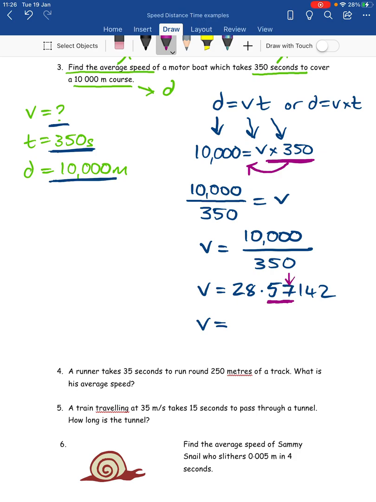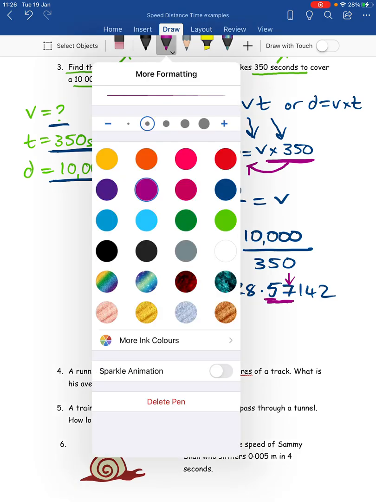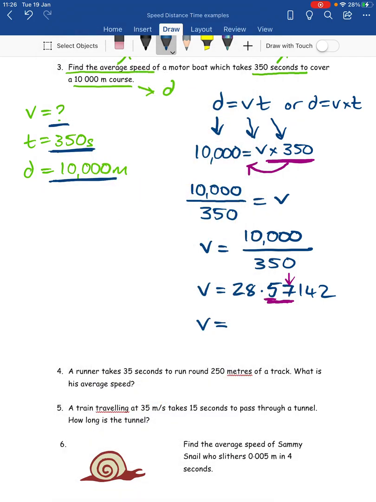That means the 5 is going to be rounded up. So instead of 28.57142, I'm going to round that up to give me a final answer of 28.6 metres per second. And that's my final answer.